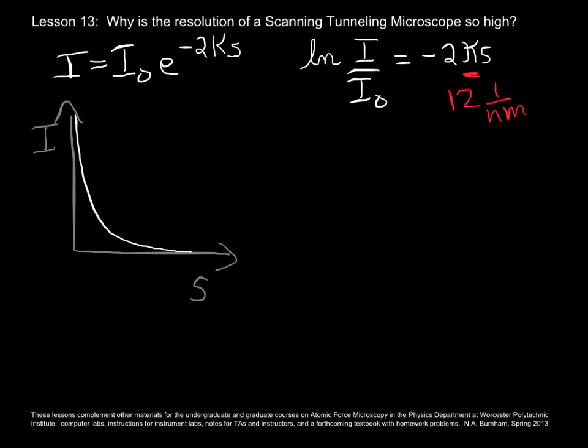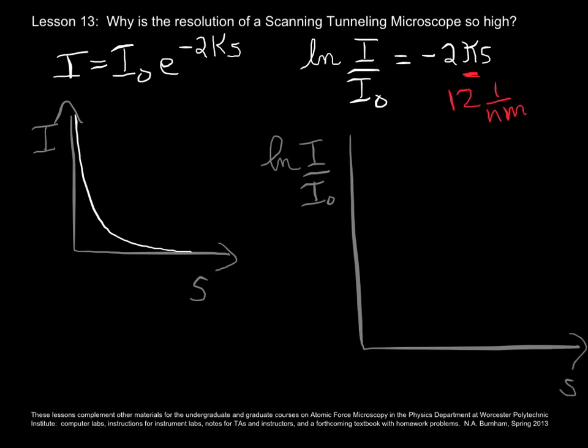But at any rate, what we want to do is plot the natural log of the ratio of the current to the base current as a function of separation S. And as you see on the right-hand side of that equation, that is a straight line with a negative slope, and the negative slope is minus 2 kappa.